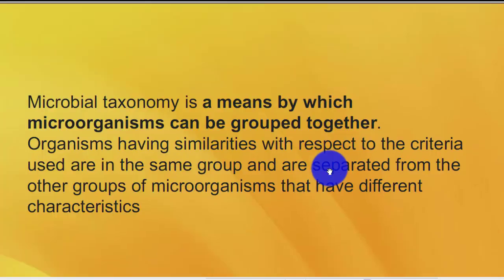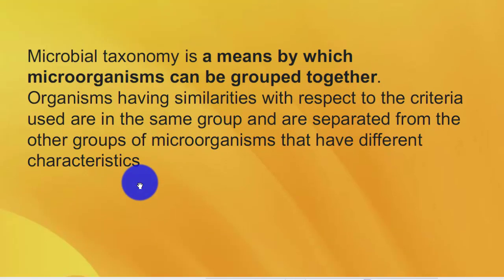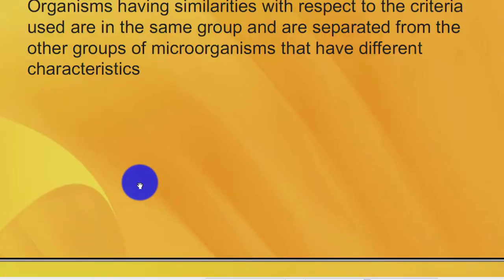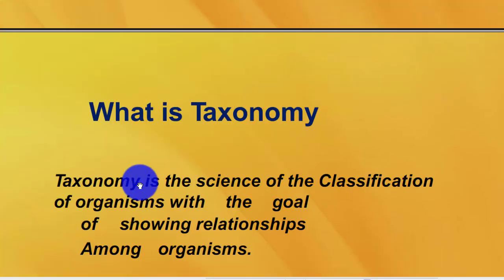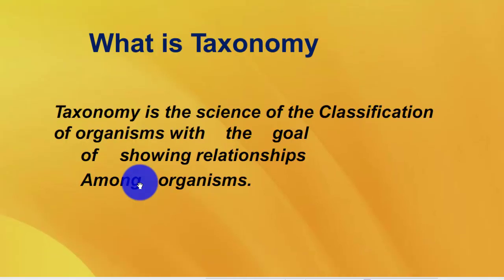Microbial taxonomy is a means by which microorganisms can be grouped together. Organisms having similarities with respect to the criteria used are in the same group and are separated from other groups of microorganisms that have different characteristics. What's taxonomy? Taxonomy is the science of classification of organisms with the goal of showing relationships among organisms.